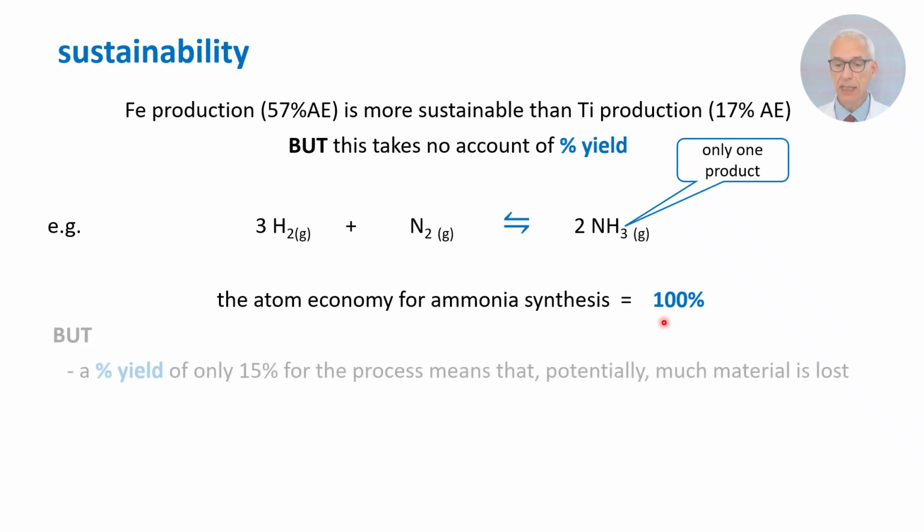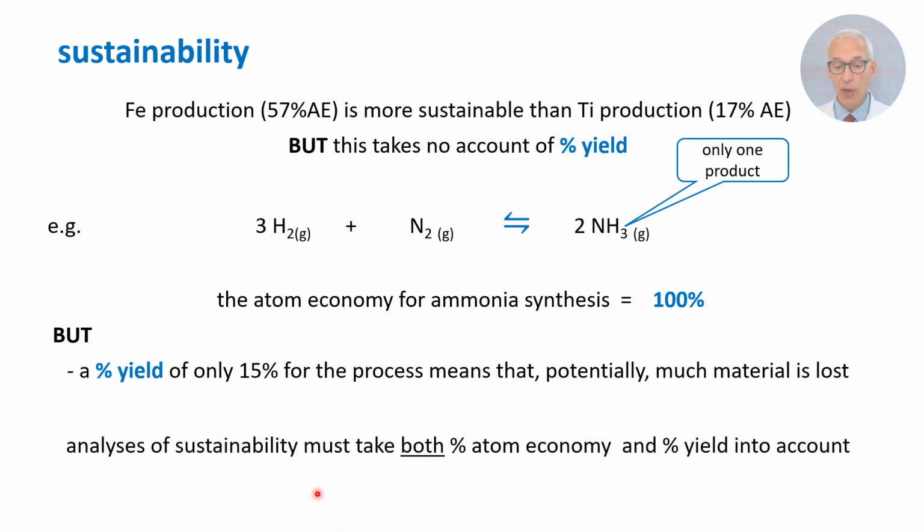But in industrial processes, a yield of only 15% is quite normal, which means potentially much of the original reacting material is lost. So an analysis of sustainability must take both percentage atom economy and percentage yield into account.